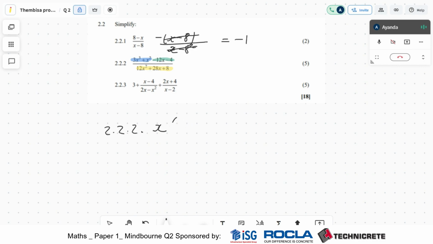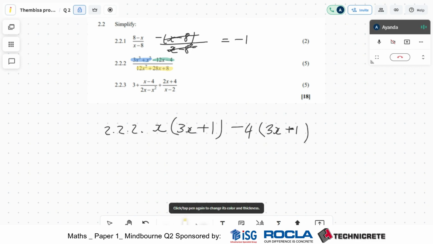So that's x squared times 3x plus 1. And in this part of the expression, we can take out negative 4 as a common factor. So we'll have negative 4 times 3x plus 1.